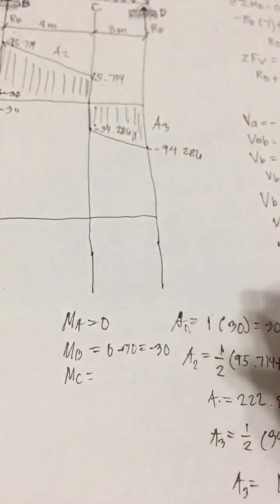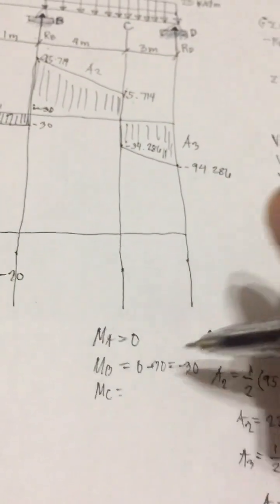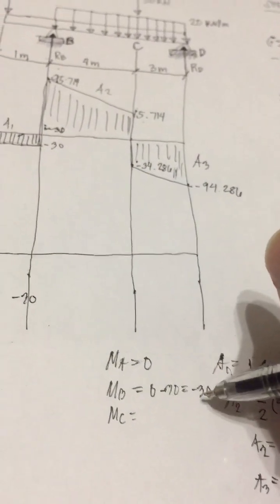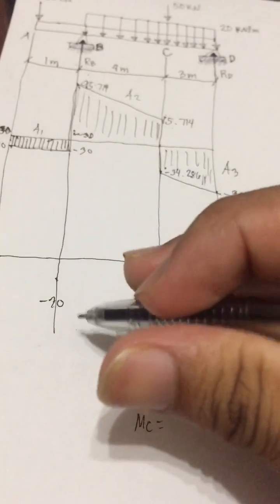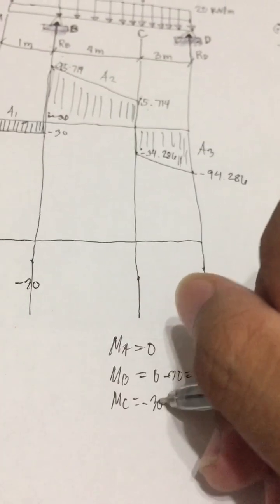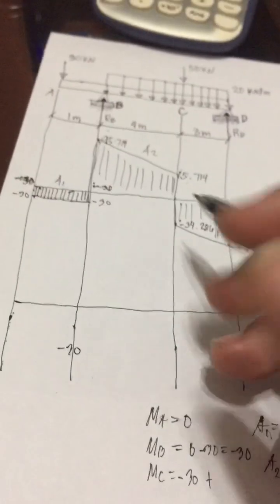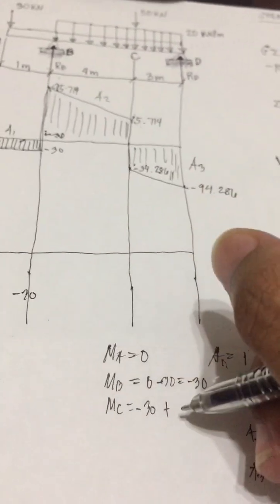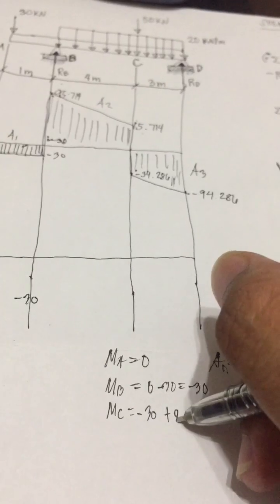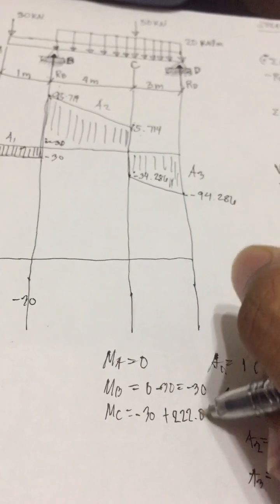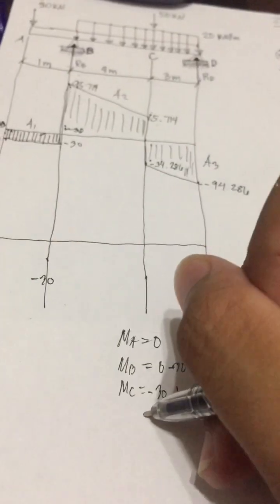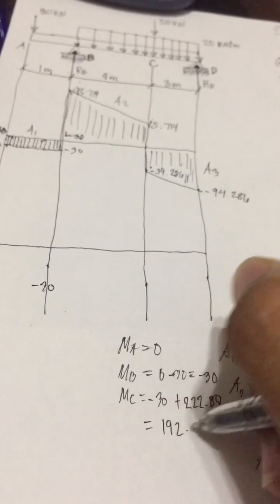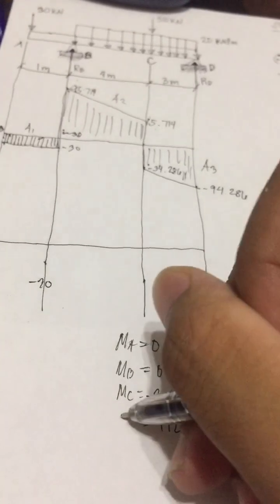So we're going to add the moment of B, which is negative 30, plus the area from B to C to get our moment for C. So negative 30 plus 222.856 is equal to 192.856.